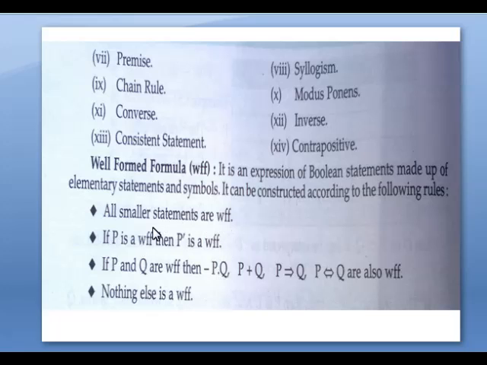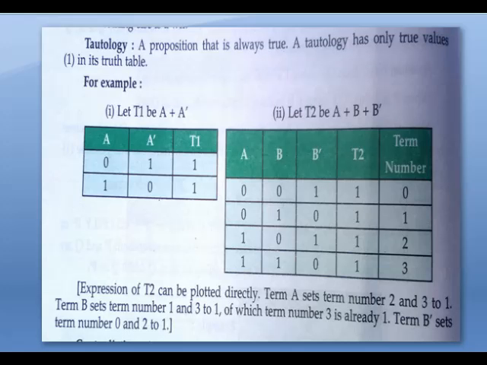Okay. Now next one is tautology. So if a proposition is always true, the tautology has only true values. In the truth table, see A has values 0 and 1. So what is A dash? If A is 0, A dash is 1. If A is 1, A dash is 0.